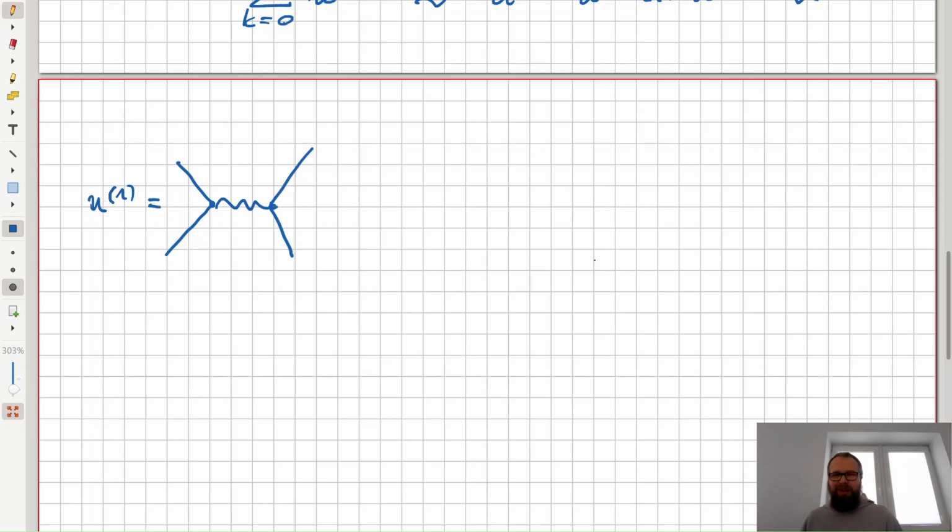You could have another picture, let's say something like this. Maybe this is U2. Well, it's not U2 because there are more terms. You have to add more pictures, which I don't know what else you do here. I'm not a particle physicist, but there are more diagrams of second order. So there is something here.